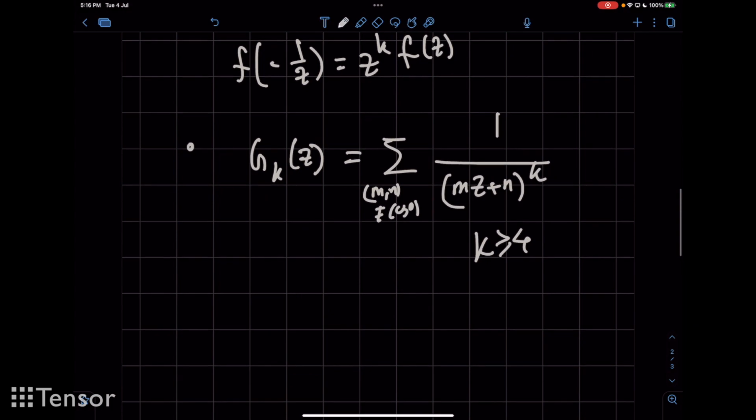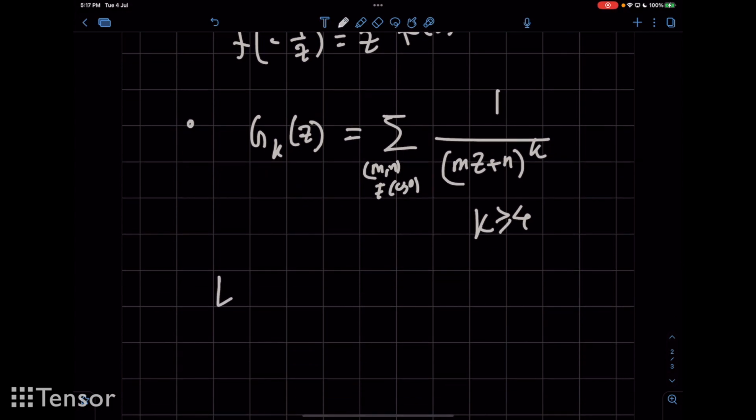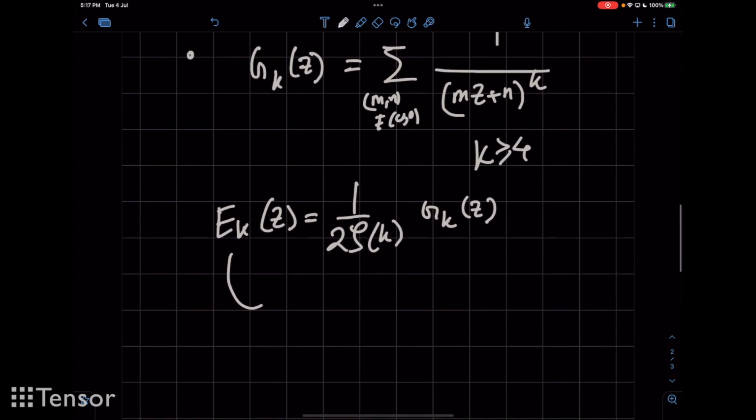Also, I think I've given an exercise to prove that E sub k of z is equal to 1 over 2 zeta of k times G sub k of z, where E sub k is defined as the sum over 1 over mz plus n to the k, where m and n are co-prime.